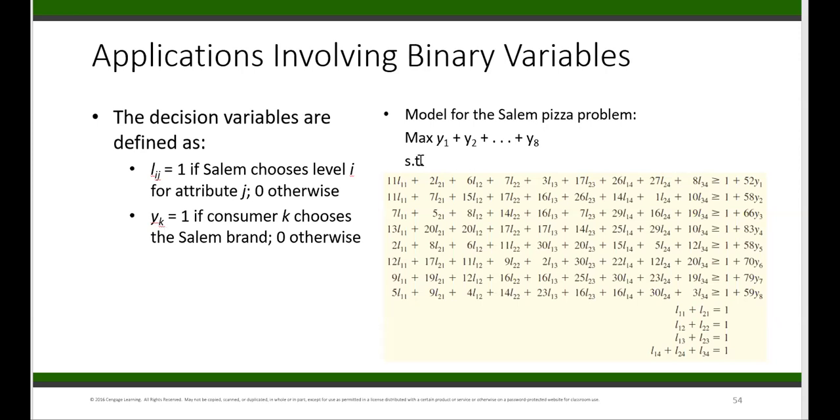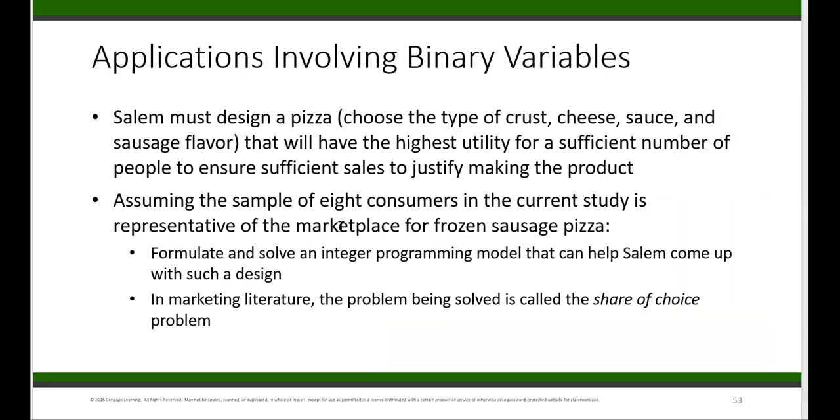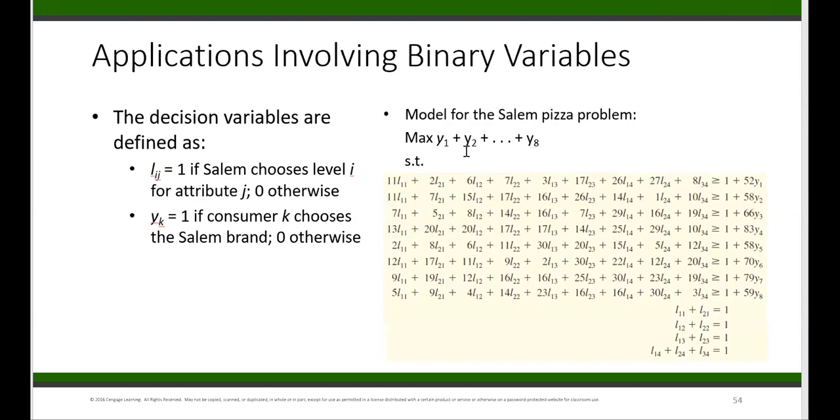So now, what is the objective function? The way the problem is stated here, our main problem was product design and market share optimization, right? So we want to maximize the market share.